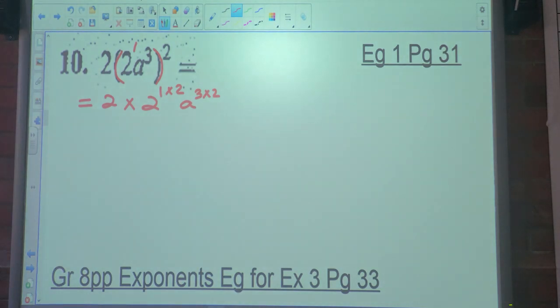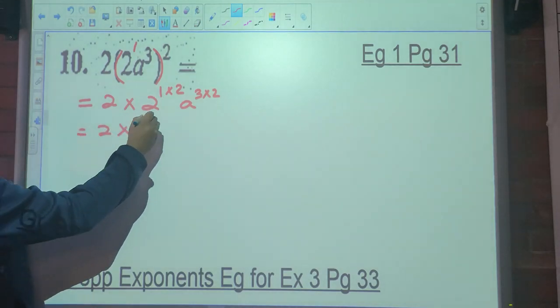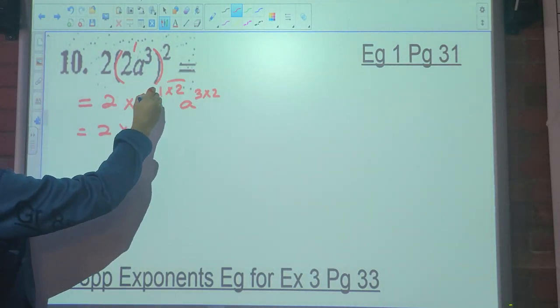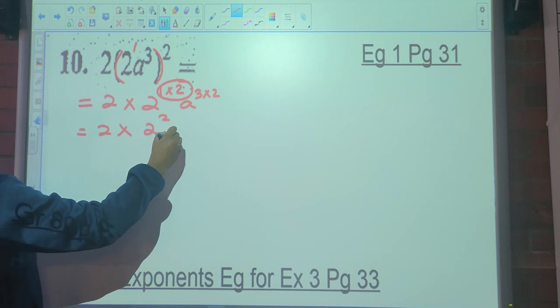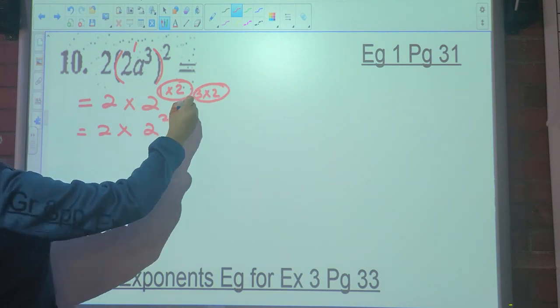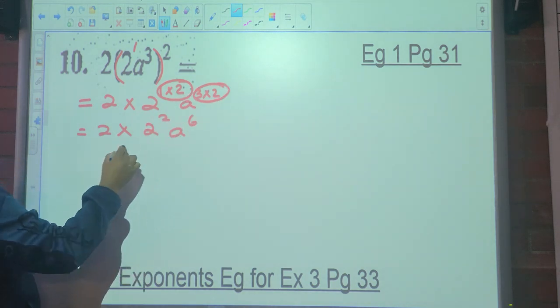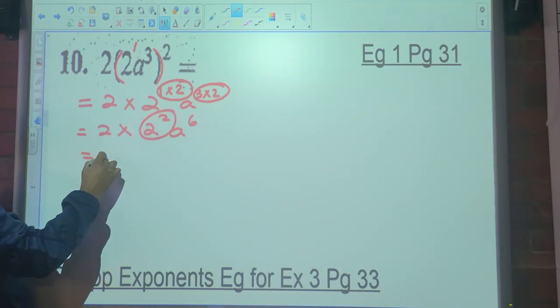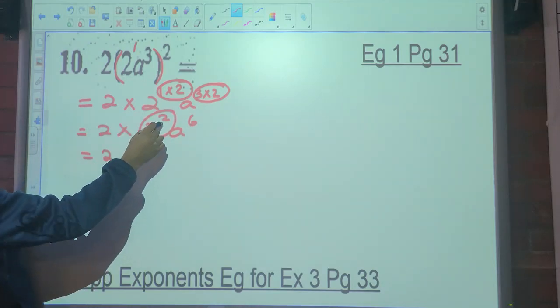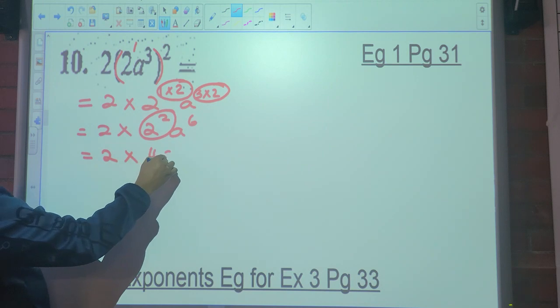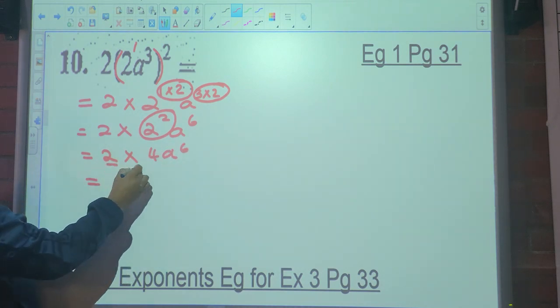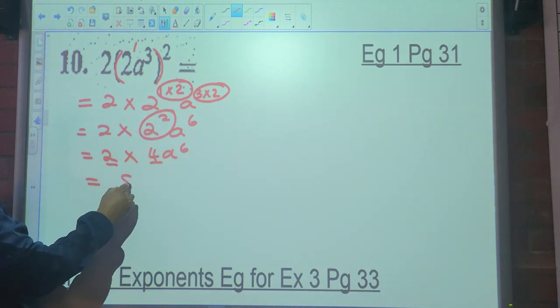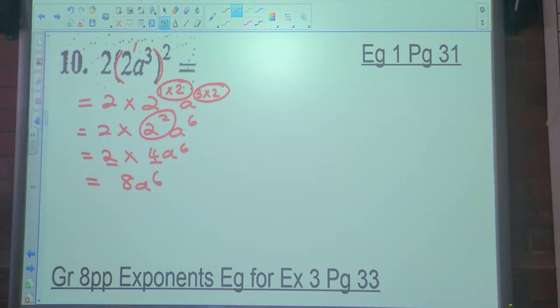We all agree with that? So it's 2 multiplied by what's 1 times 2? 2. So it will be 2 squared a to the exponent 2 times 3, which is 6. What is 2 squared? 4. a to the 6. What's 4 times 2? 8. 8a to the 6. Is there any confusion there?